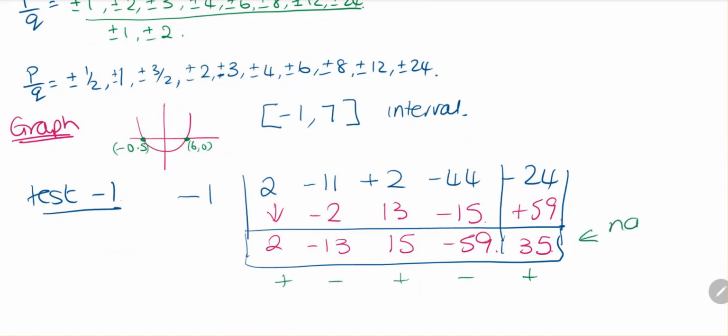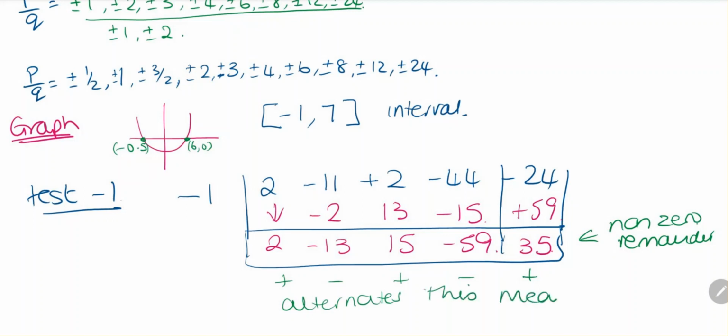And this is a non-zero remainder. So we can see that minus 1 is not a root. And when it alternates on the bottom row, this tells us that minus 1 is a lower bound.